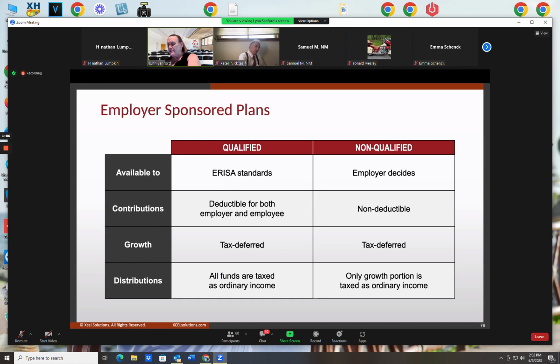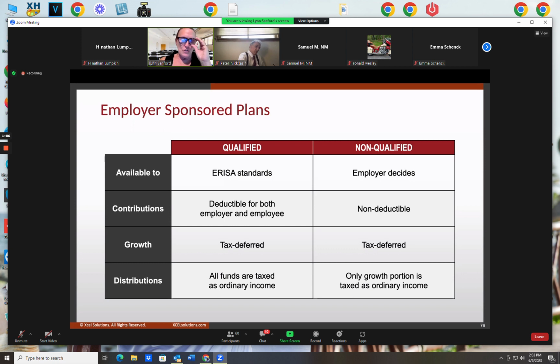So basically, any money that comes out of a qualified plan, any money that you can make a contribution for in a traditional IRA account and take a tax deduction for, means that money is qualified money. So qualified plans are available to different corporations that set up a qualified plan for their employees to contribute to, like a 401k, for instance. And those plans are known as qualified plans. They're receiving pre-tax dollars off a person's gross wages.